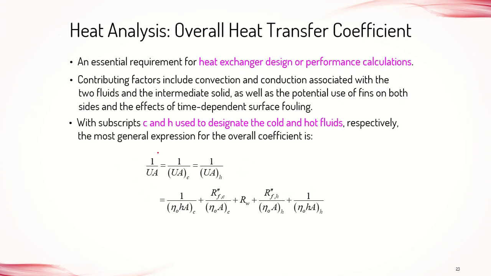The 1 over UA, where U is the overall heat transfer coefficient of that particular heat exchanger, equals this, the summation of all of these parameters. So what are these parameters actually?